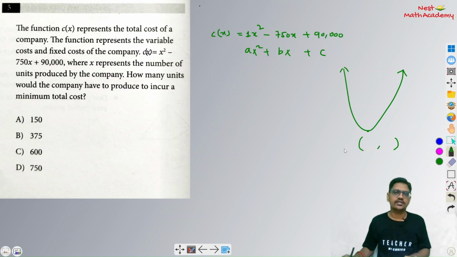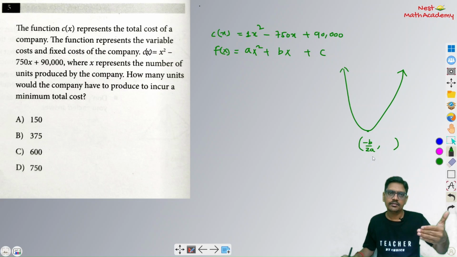In this case, x is the number of units produced for them to incur a minimum total cost. If you remember this formula, the x coordinate of the vertex is going to be negative b over 2a.